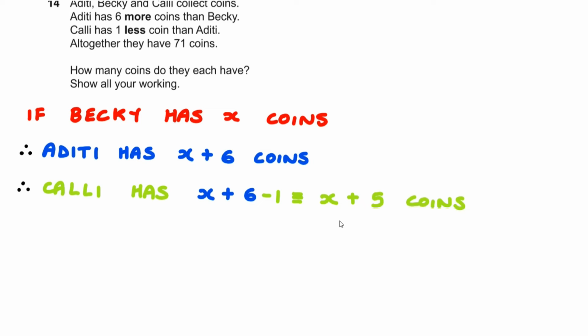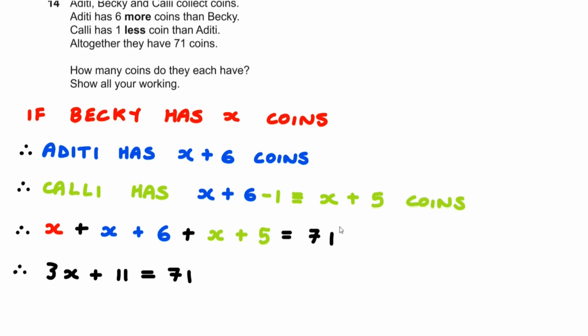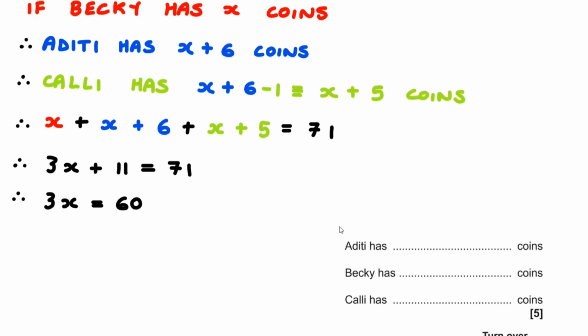And altogether they've got 71 coins. So we've got X plus X plus 6 plus X plus 5 equals 71. So 3X plus 11 is 71, 3X is 60, X is 20. So that means Becky has 20 coins, Aditi has 6 more than this, which is 26, and Kali has 1 less than Aditi, which is 25 coins.